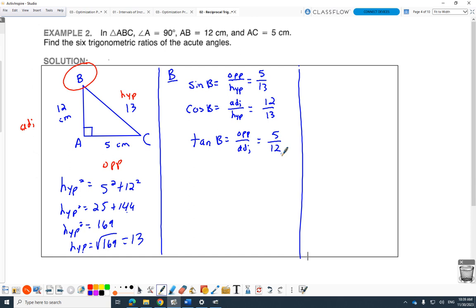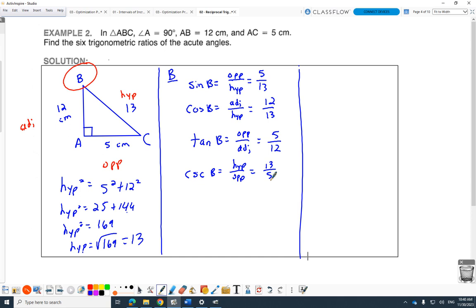That's like from grade 10, that much. Grade 11, now we can do this. We can do cosecant of B, which is hypotenuse over opposite. Do you have to write that? No. You could totally just flip over sine. That's the whole point of reciprocal ratios. You can just flip sine over.